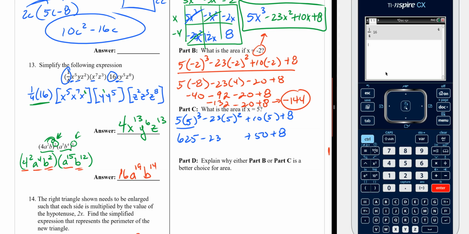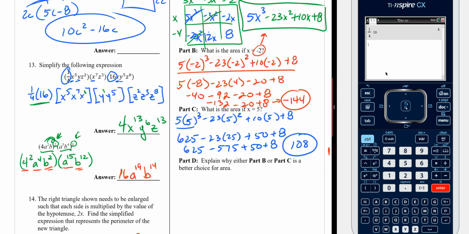It should just be 23 times 25. I get 625 minus 575 plus 50 plus 8. 625 minus 575 is 50. Plus another 50 is 100. Plus 8 more is 108.